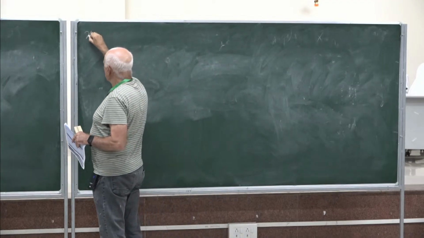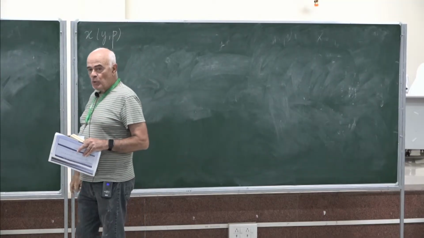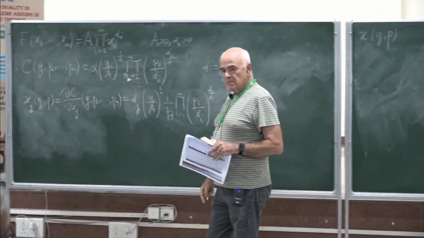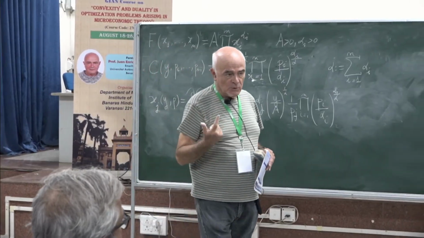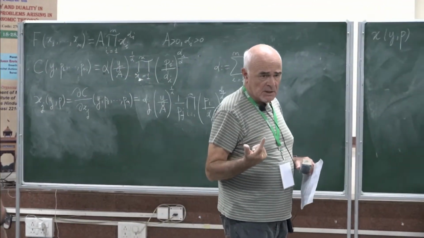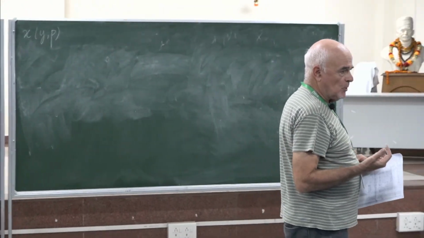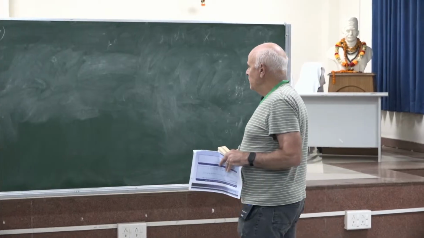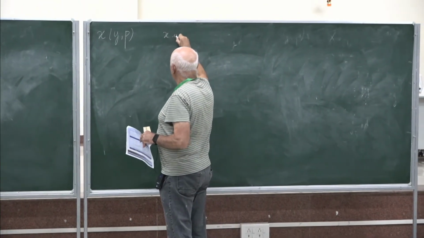So our assumption now is that little x is well defined, so the optimal solution set is a singleton. There is a unique optimal solution to the cost minimization problem. And we assume that this function x is differentiable.